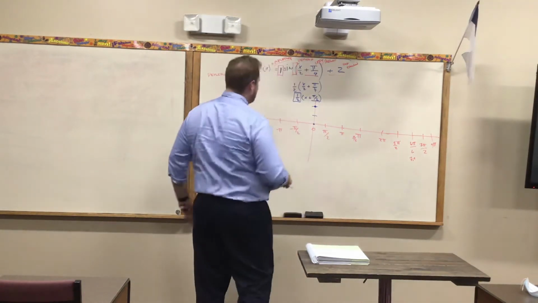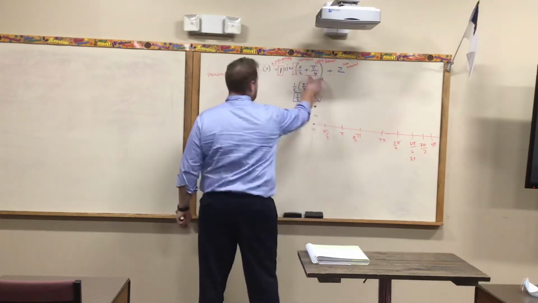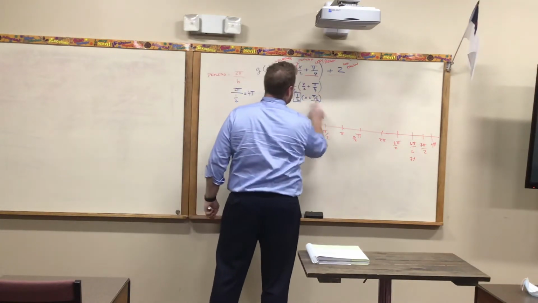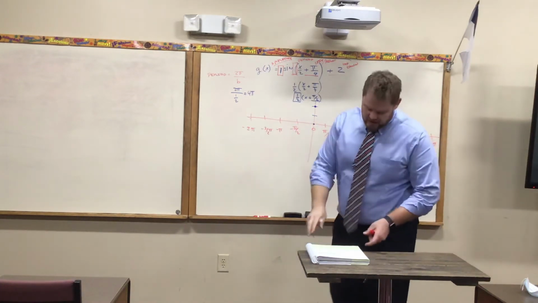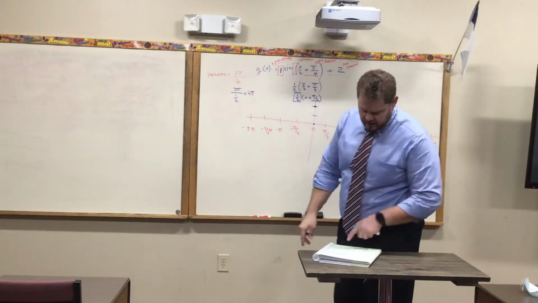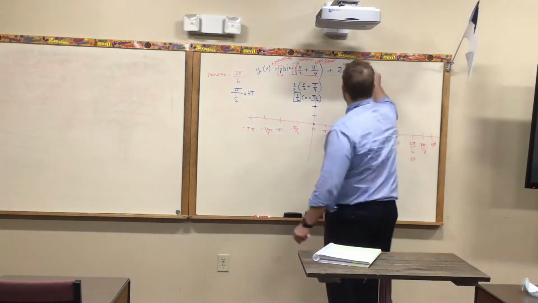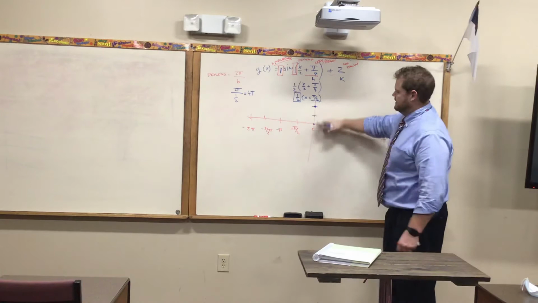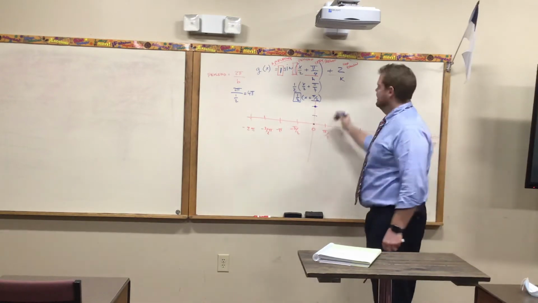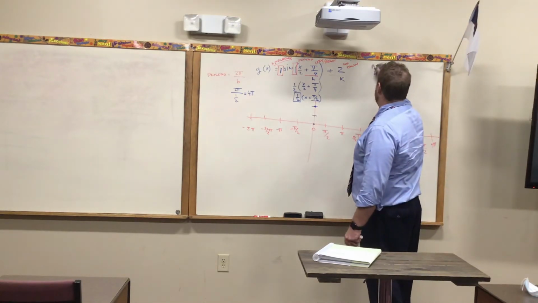And now, what's the next part of the phase shift? Right here inside our parentheses, right? How do I find what our phase shift is? Here's how you find it. Phase shift H, this is your H value, this is your K value. K is up and down, H is left to right. How do you find H in your phase shift?